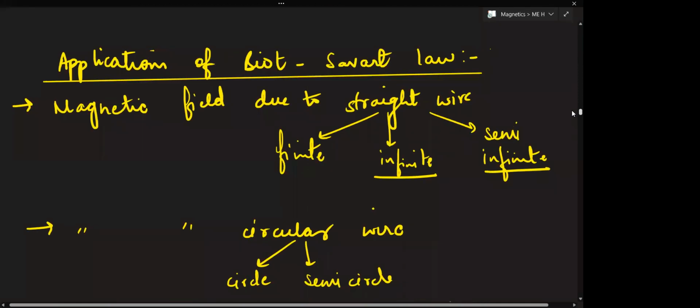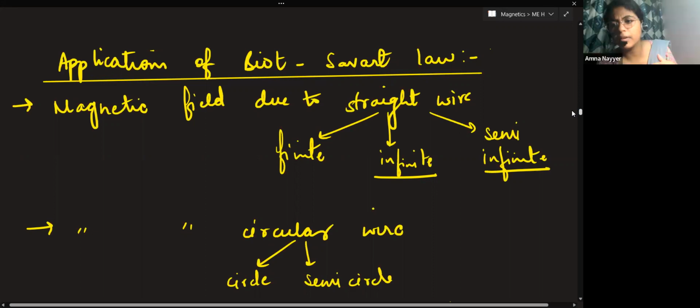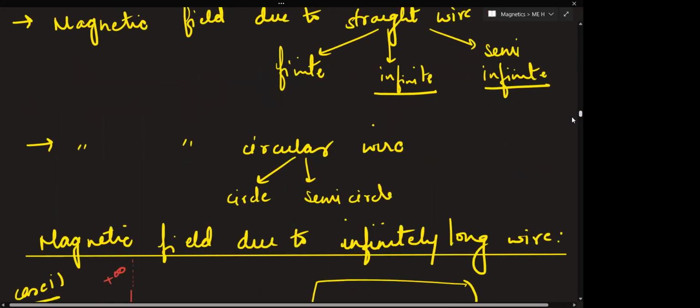Yes, Jens. Ma'am, I just checked my class notebook, and for us the semi-infinite wire formula is B equal to mu naught by 4 pi, I by a. It is not I by 2 pi. Yes. So what have I written? Can you just scroll down once?